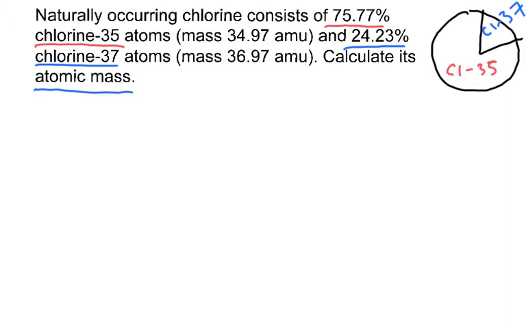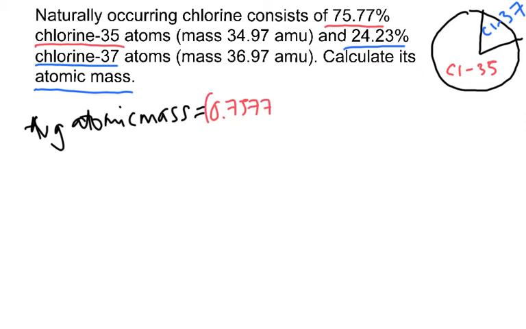So when we set this problem up, we're going to say that the average atomic mass is going to be equal to the fraction that is from chlorine-35, so 0.7577. We're going to multiply that by the mass of chlorine-35, which is 34.97 AMU.